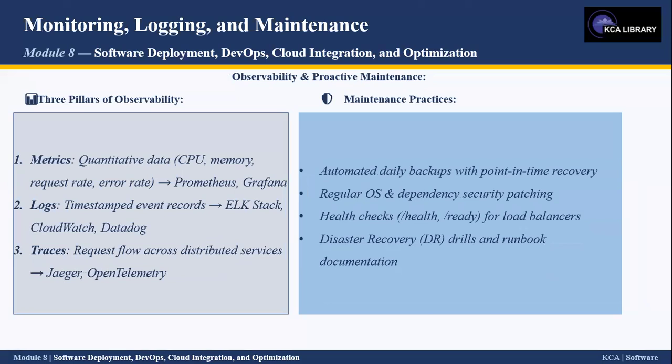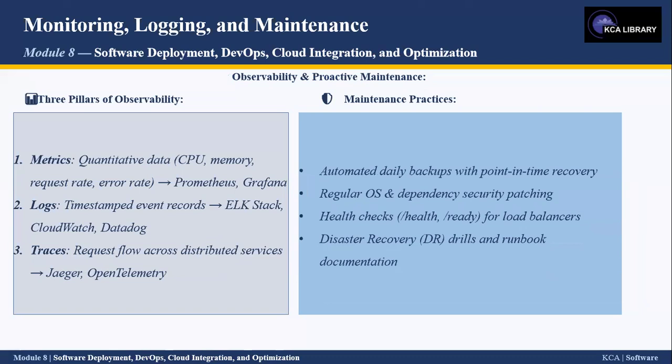You can't fix what you can't see. Observability has three pillars. Metrics, which is quantitative data like CPU, memory, request rate, and error rate. Traces, showing request flow across distributed services.